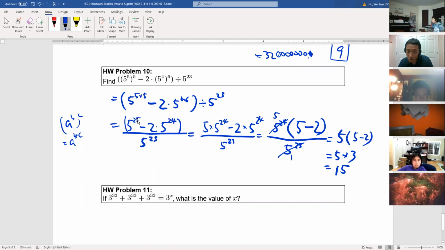So what we can do is factoring out 5 to the 24th, because it's a factor of both terms. We can factor 5 to the 24th out from 5 to the 25th, and also from here as well. And then what's left there is very easy after you cancel out 5 to the 23rd. So that would be the trick of this question, is the factor out.